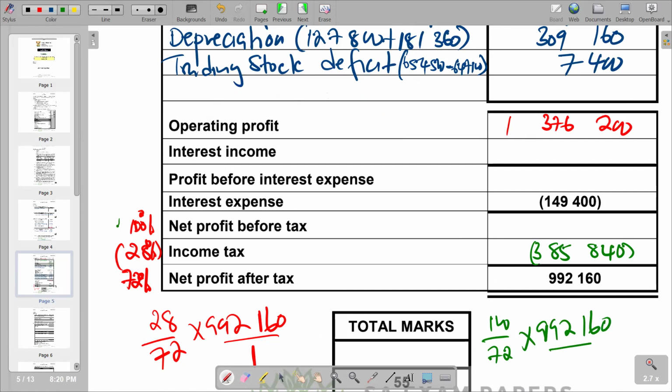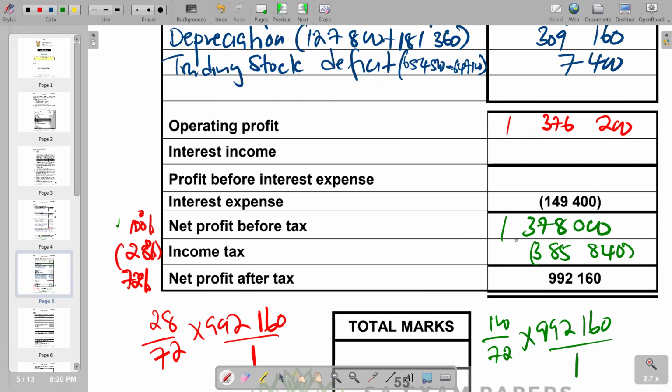You are still going to find the same figure. So we can just try to calculate it as such. You're going to get 1,378,000. So here we've got 1,378,000. So basically, this is what we have on that part.